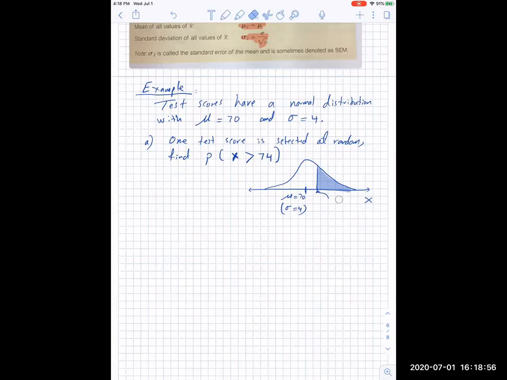With me? Let me put the 74 right here. So what is the probability that if we randomly select one test score, its value is more than 74? We use the normal CDF, right? And we go from 74 to infinity.